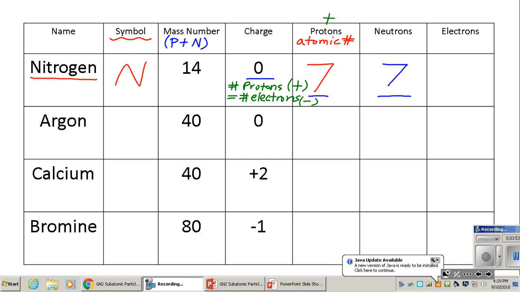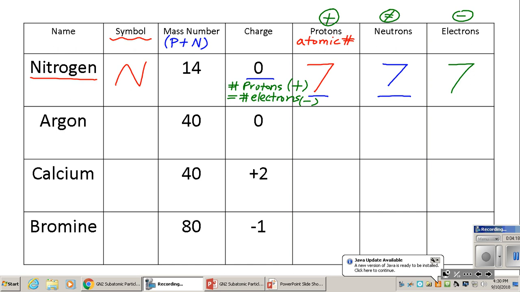Protons have a positive charge, neutrons are neutral, they don't have a charge, and electrons have a negative charge. So if the charge is 0, the proton number is equal to the electron number. If we have 7 protons, we're going to have 7 electrons because they cancel each other out and give us a charge of 0.